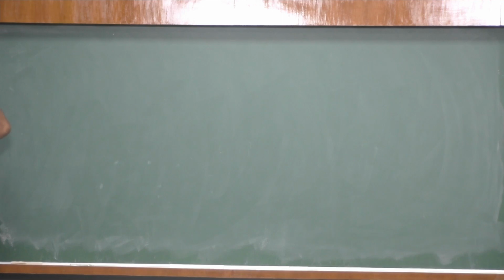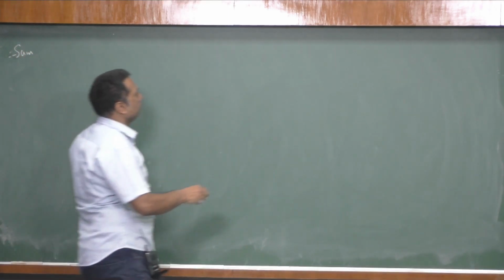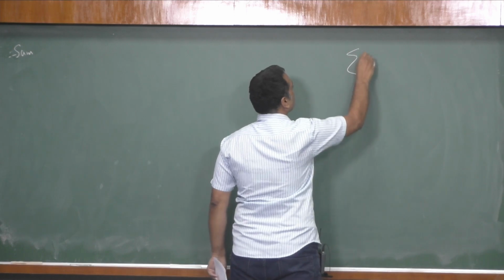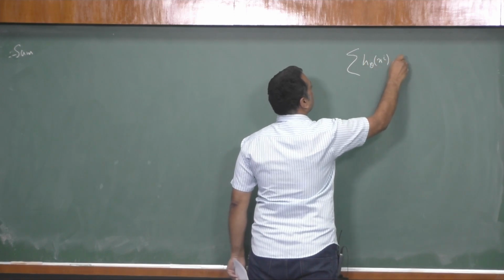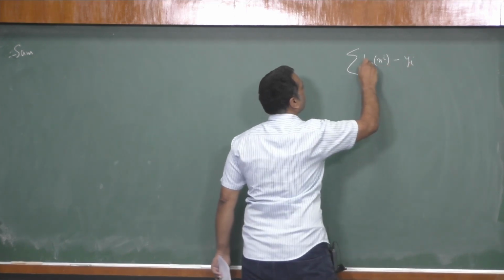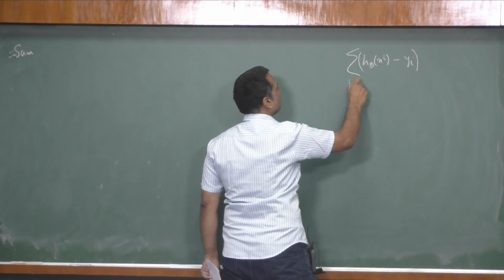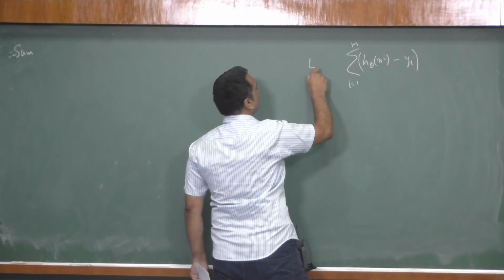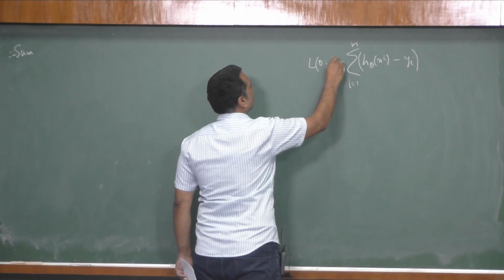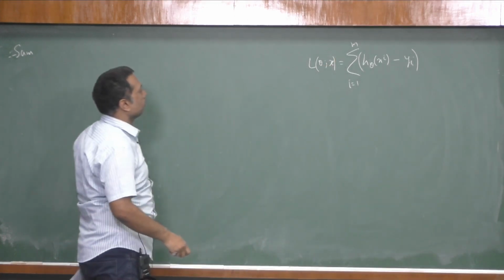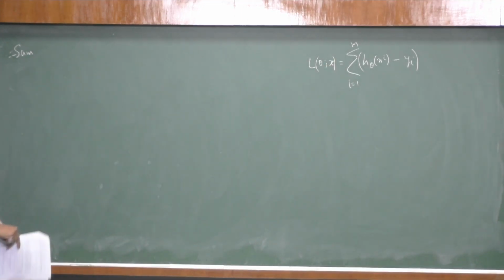So there are a few things for sum of functions, because in machine learning, we are essentially dealing with a sum of functions, like h_theta(x_i) minus y_i. This is typically a machine learning problem where the loss function is defined like this, and we are supposed to minimize it.